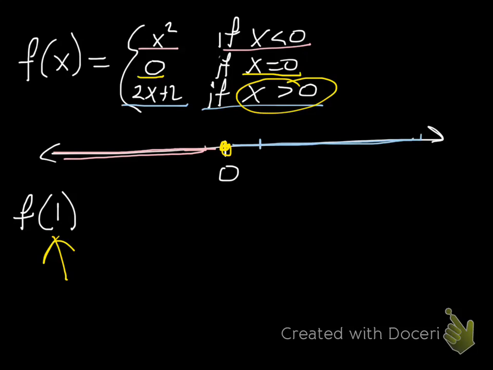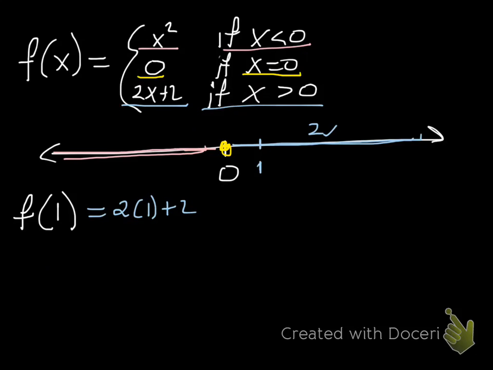And it in fact is greater than 0, which tells us we're going to use the 2x plus 2. Okay. And when we use 2x plus 2, we're going to replace the x with whatever we're feeding the function, and we're feeding the function a 1. Okay, so then after that, we get an answer of 4.